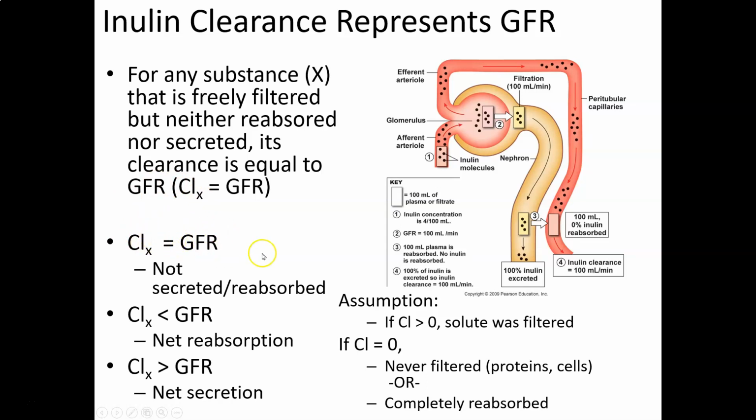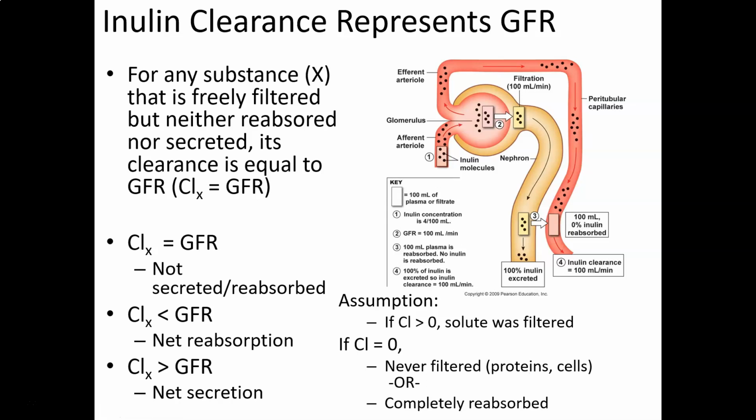So we're going to assume for our course that if the clearance is 0, the substance was filtered. Just as an aside, if you look down here on the bottom right of this slide, if the clearance equals 0, it could be that it was never filtered, right? So the clearance of proteins would be 0.